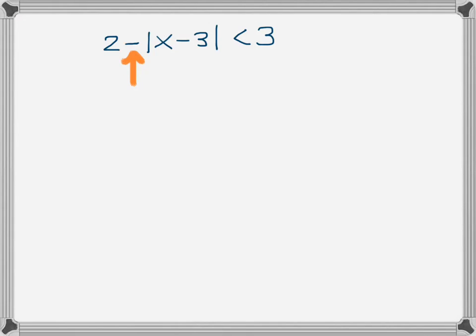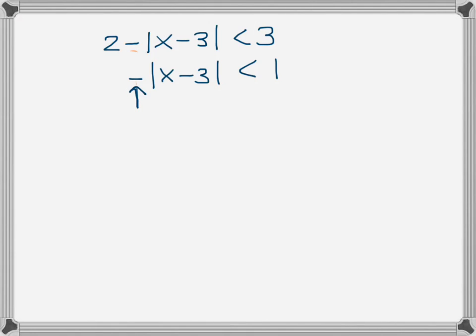Because I'm going to do the same first step as before. I'm going to isolate the absolute value. So I'm going to remove the 2. So I have negative absolute value of x minus 3 should be less than, I subtracted a 2, so now it's less than 1, correct? But here, the problem is that I'm not done isolating the absolute value bars. I still have this negative here.